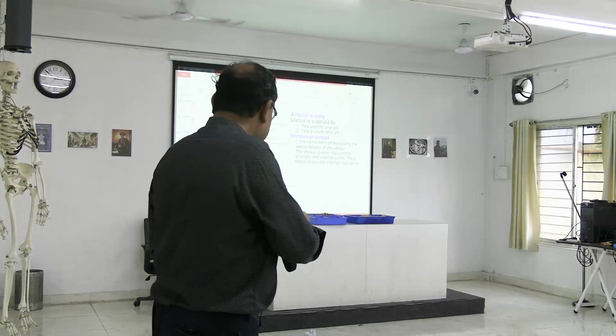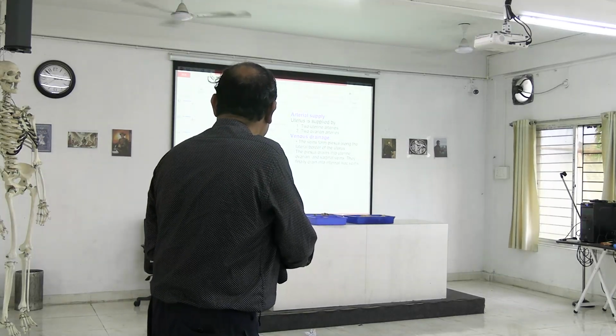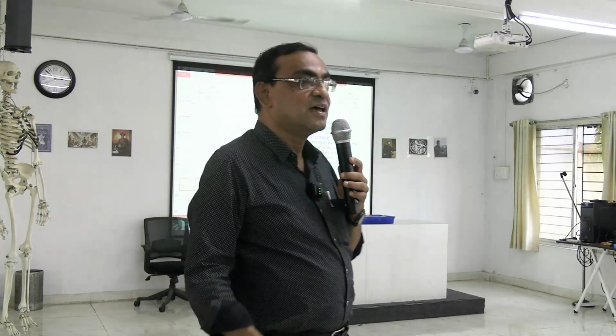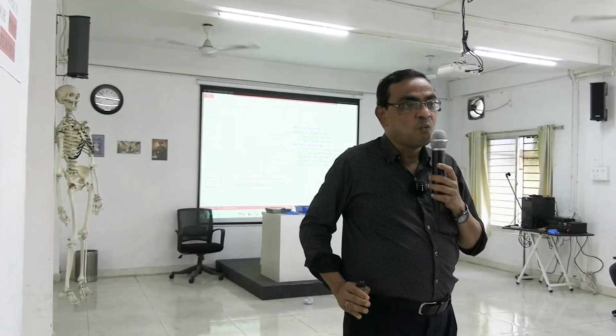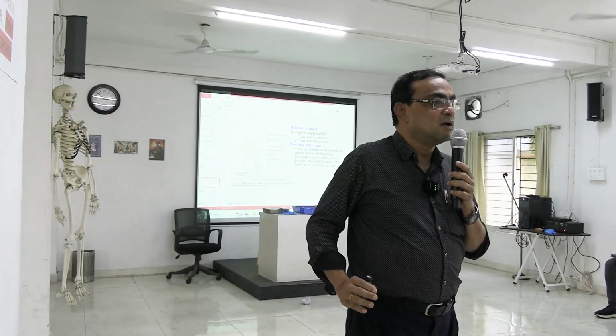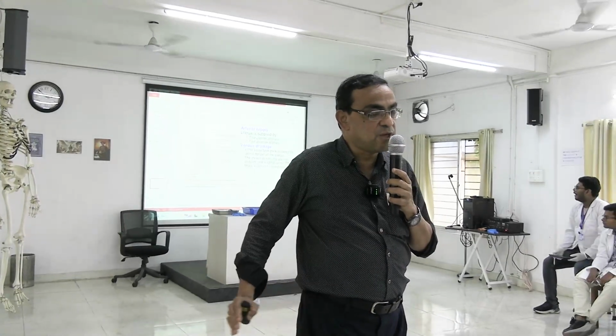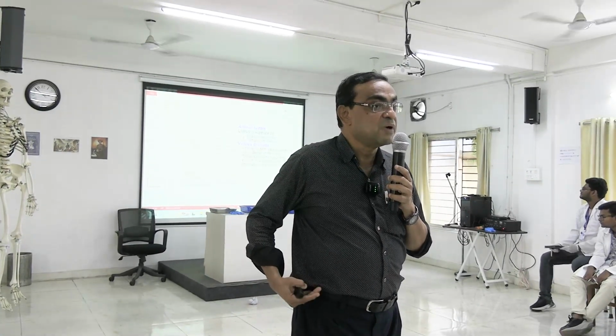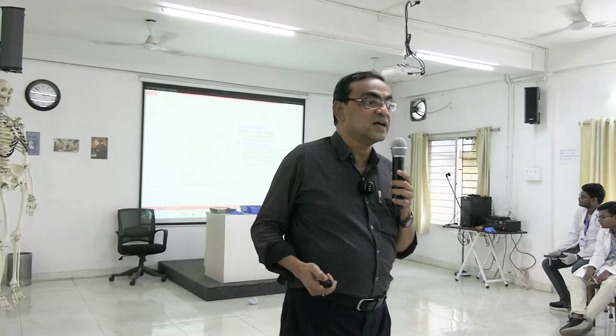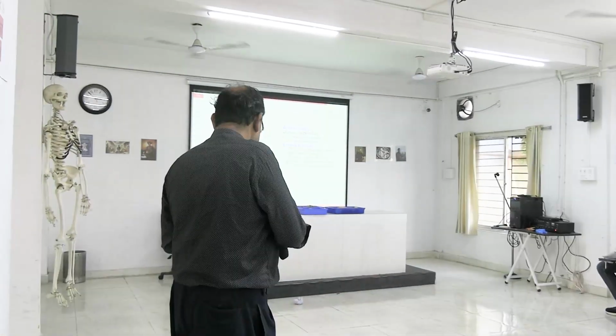So the crossing is around 1 inch or 2.5 centimeters away from the cervico-vaginal junction, the junction between the cervix and the vagina.